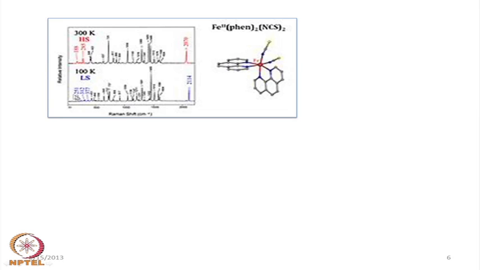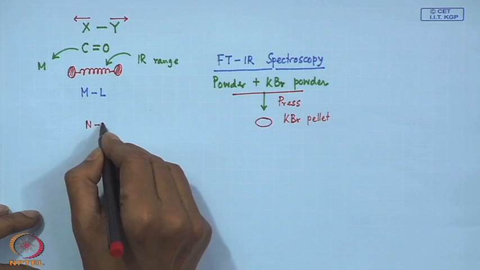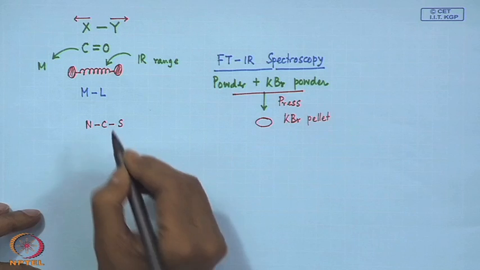The figure is not very clear, but we are looking at some of these stretching frequencies for the iron-nitrogen bond from thiocyanate, and within the thiocyanate as well, because what we have seen for carbon monoxide is also true for NCS.